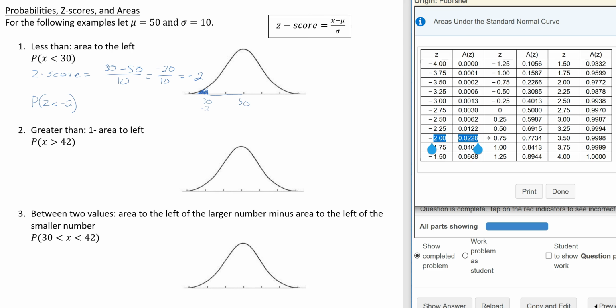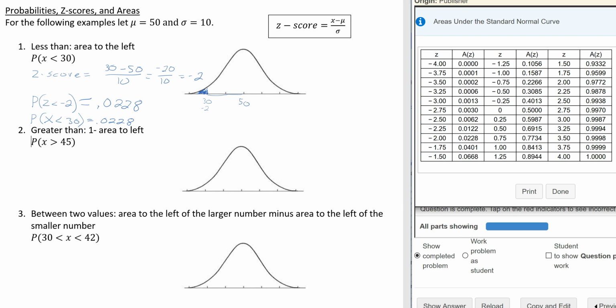The area to the left of that z-score, which is 0.0228, is the probability of having a z-score less than negative 2. Now we can connect that back, and we can say that the probability of having a data value less than 30 is equal to 0.0228.